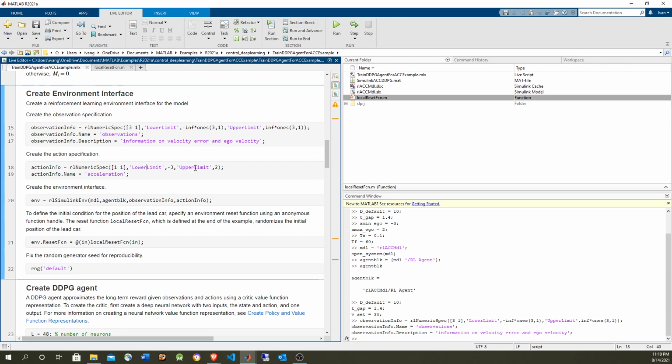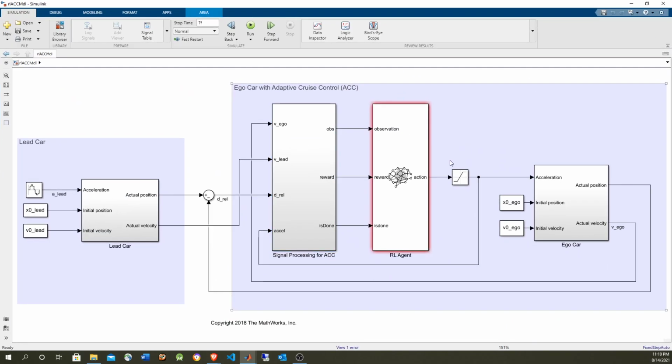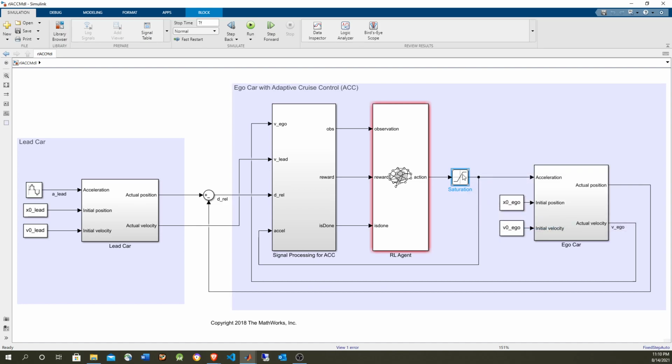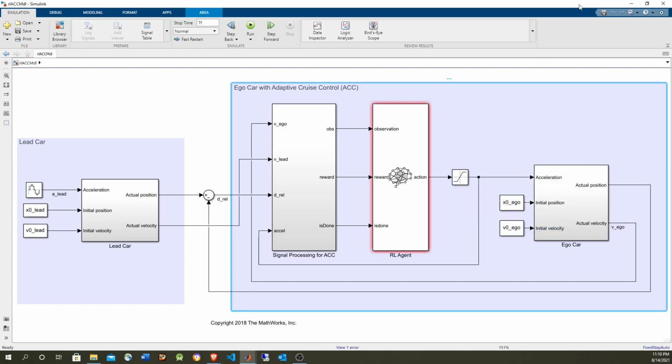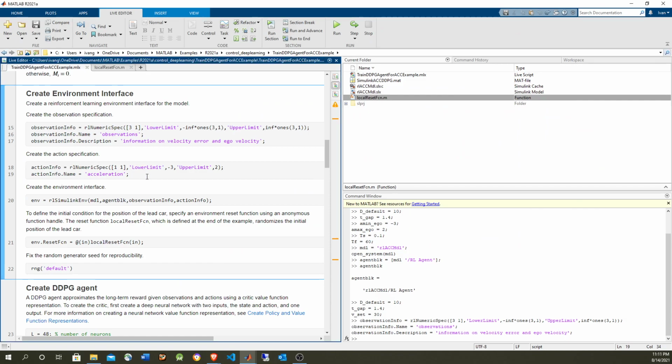As mentioned before, it's going to be bounded between -3 and 2. Notice that for the action we have a saturation block, and it uses A max ego and A min ego, which limit it from -3 to +2. So that saturation is going to limit the action as well, but we also have to tell the reinforcement learning libraries the limits. That's why we have this.